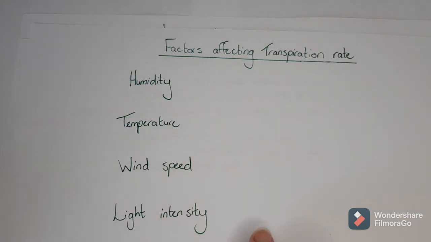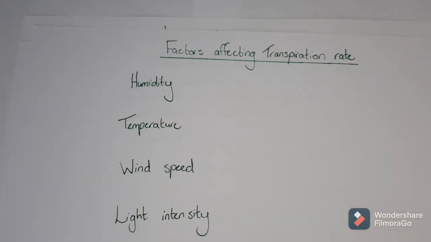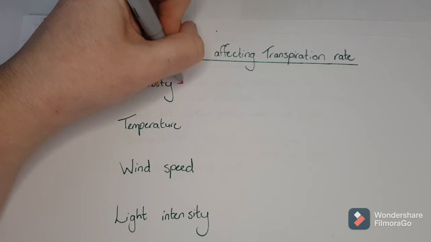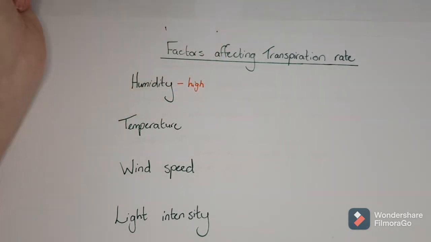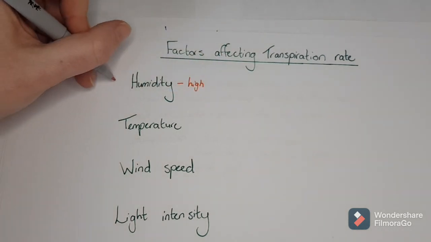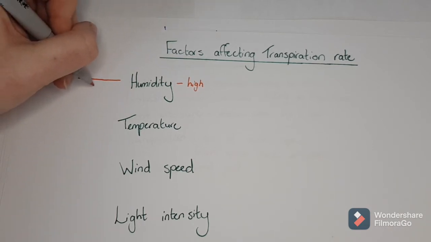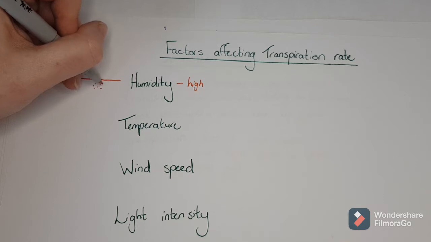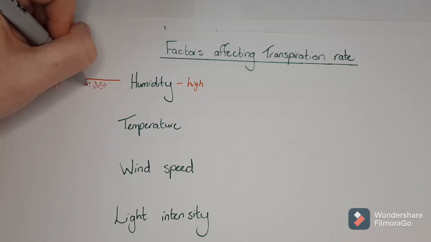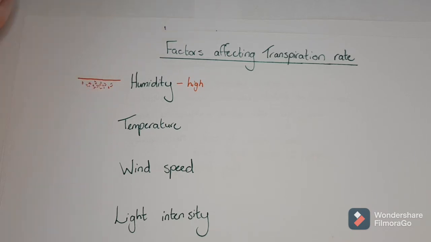So the first one is humidity. Humidity is how much water vapor is in the air. So if the humidity is high, that means that if I have my leaf area, so there's my inside and my outside, high humidity means a lot of water vapor all sitting in the air.